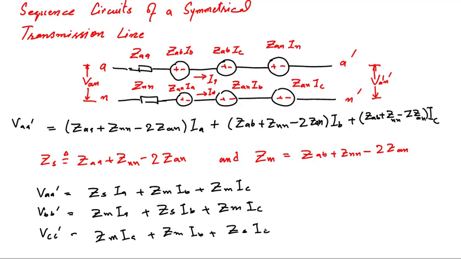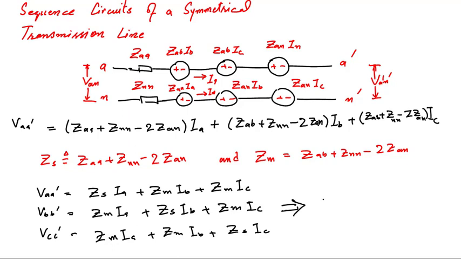So now these three equations can be written in matrix form, and then we can convert that phasor matrix into sequence matrix, and then finally we get the sequence circuits. So the rest of it will be done by the students.